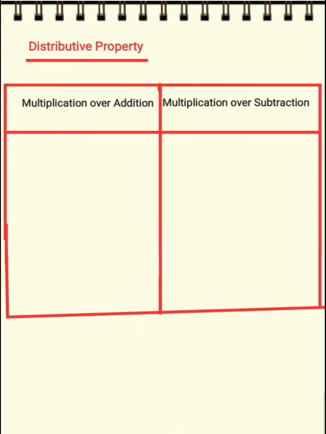Now let's discuss the distributive property of multiplication over addition. According to this property, the sum of 2 numbers multiplied by a third number is always equal to the sum of the product of each number with the third number.